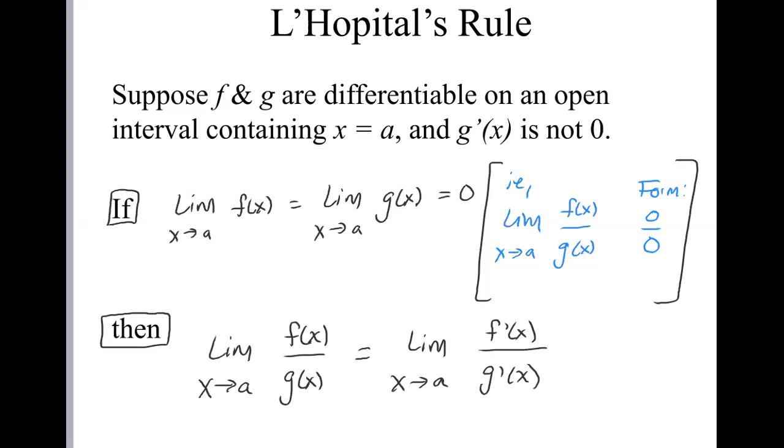So I can find the derivatives of those individual parts of this ratio and evaluate the limit of the quotient, and perhaps that particular limit will be easier to evaluate than this limit. At least that is my hope with the application of this rule. So let's see how that works in practice.